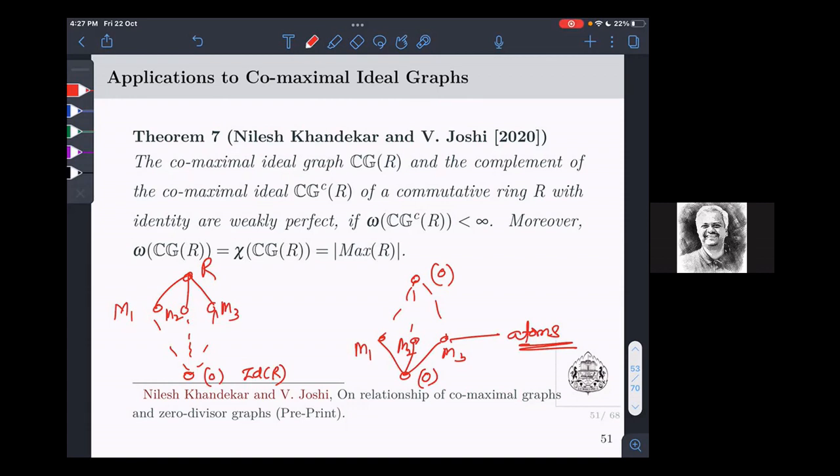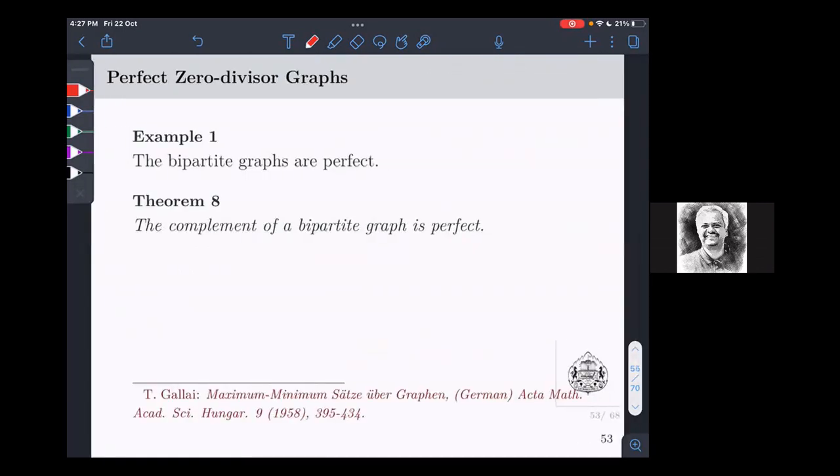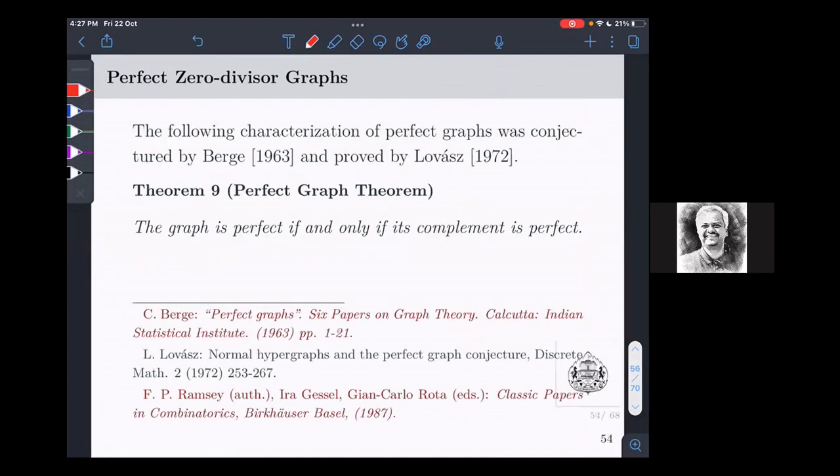And as I told you in the very initial part, the number of colors required to color the zero divisor graph of a poset is nothing but the number of atoms. And the number of atoms is nothing but the number of maximal ideals of that ring R. And therefore, I'm getting this. So immediately we get that, yes, the co-maximal ideal graph as well as its complement, both are weakly perfect.